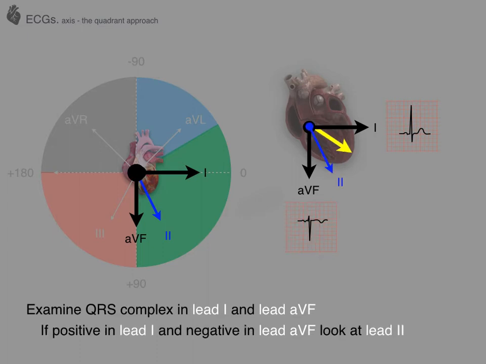aVF, however, sits right on the edge of that normal axis range. Therefore, if we find that our QRS complex is predominantly positive in 1 but negative in aVF, we can go to looking at lead 2 to see what the complex in lead 2 is doing.